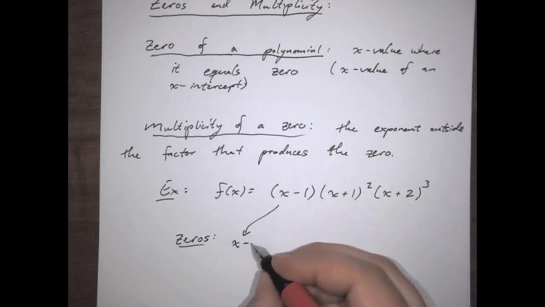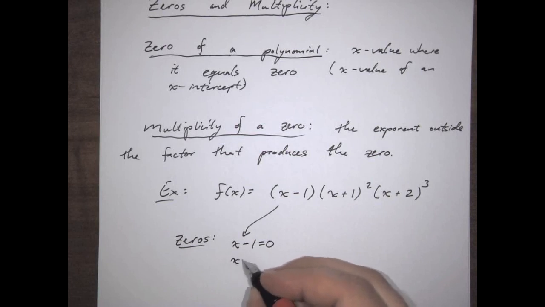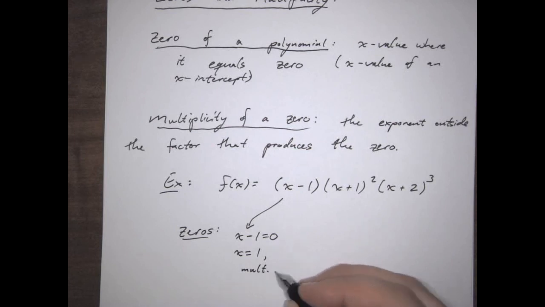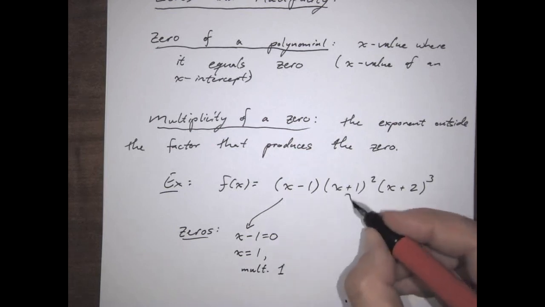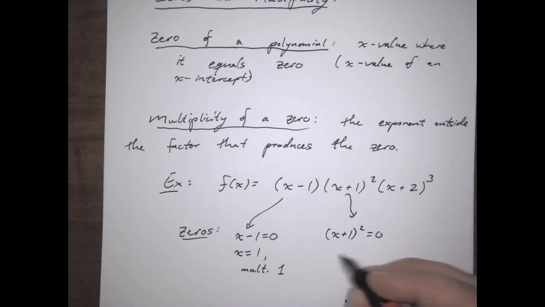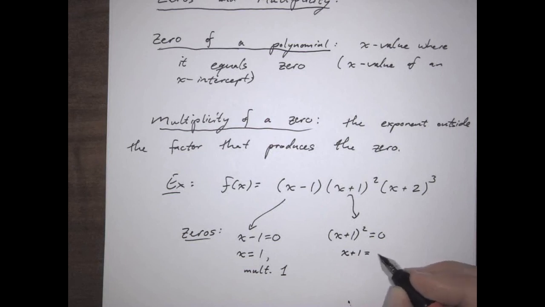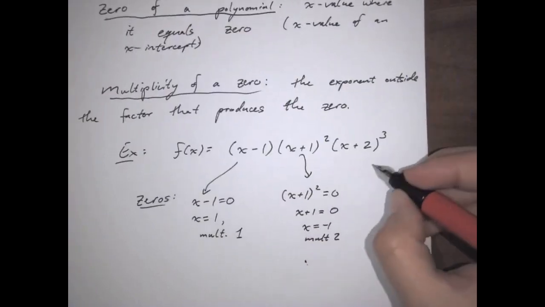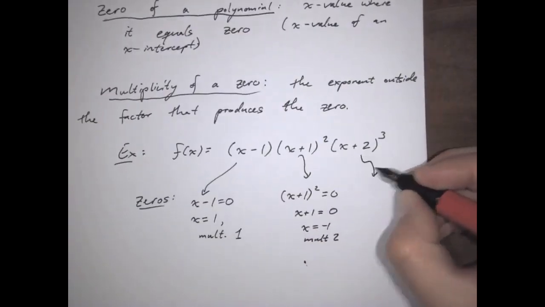So zeros. Well, we'd have x minus 1 equals 0, which means x equals 1. And the multiplicity, we'd have here x plus 1 squared equals 0, so taking the square root of both sides, x plus 1 has to equal 0, which means x equals negative 1, and the multiplicity here is 2 because it was squared.